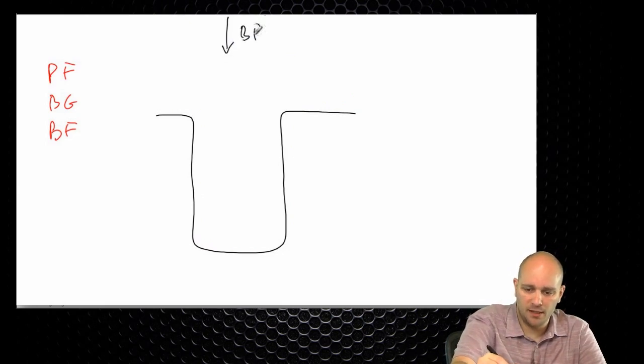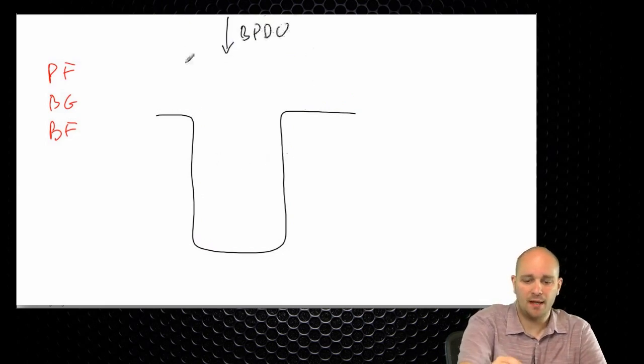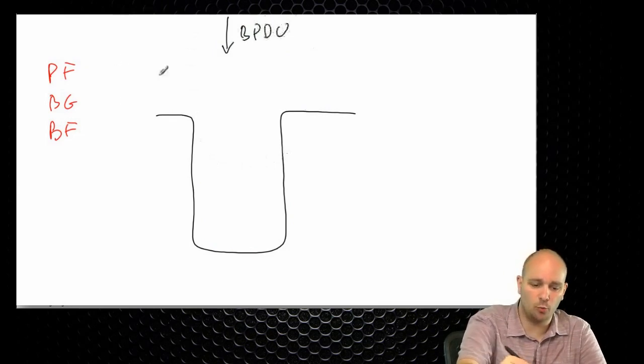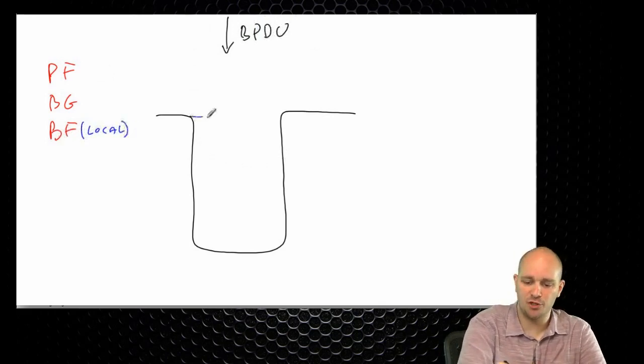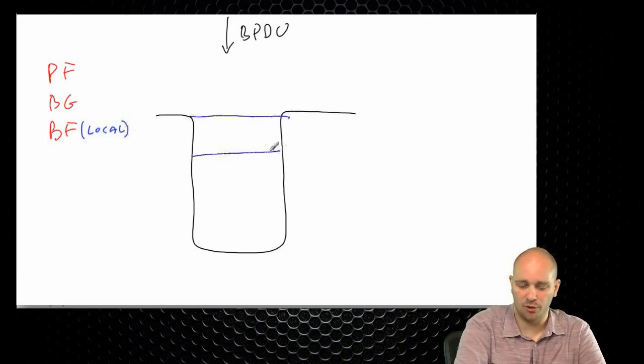Okay, so let's say that we are dealing with BPDU filter local, that means per port. So the first feature that sits on this port will be the BPDU filter.